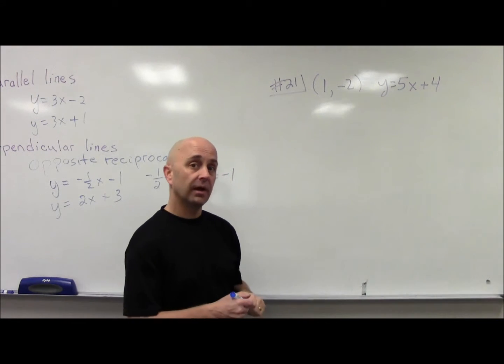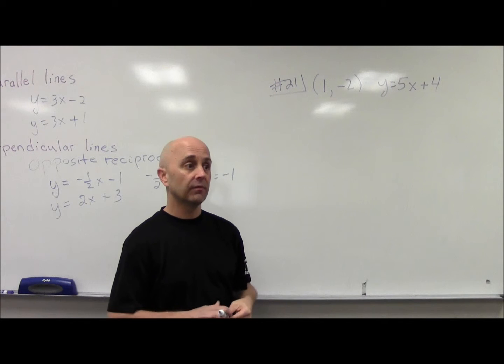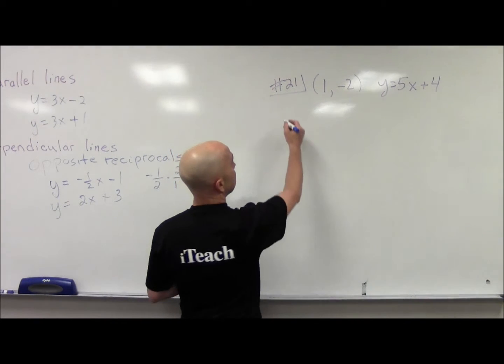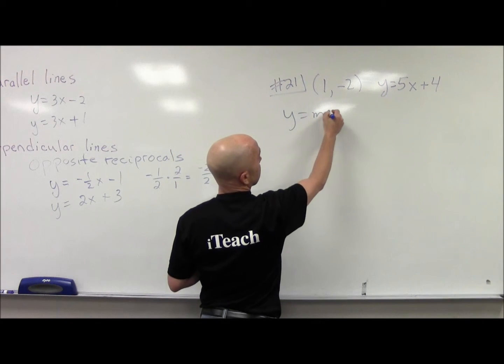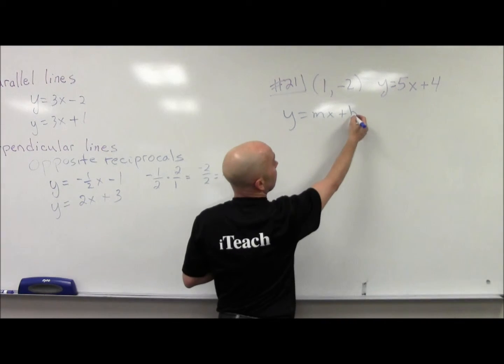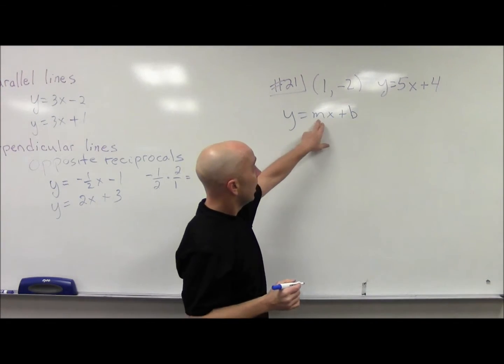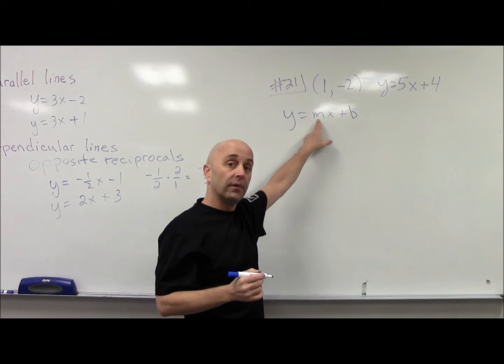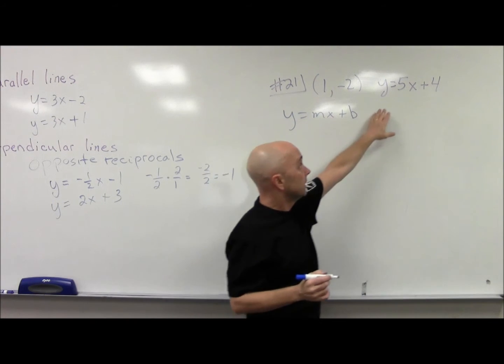So going back to my favorite form of the line, y equals mx plus b, or slope-intercept form, I know that I can find the m, or the slope, from this equation.